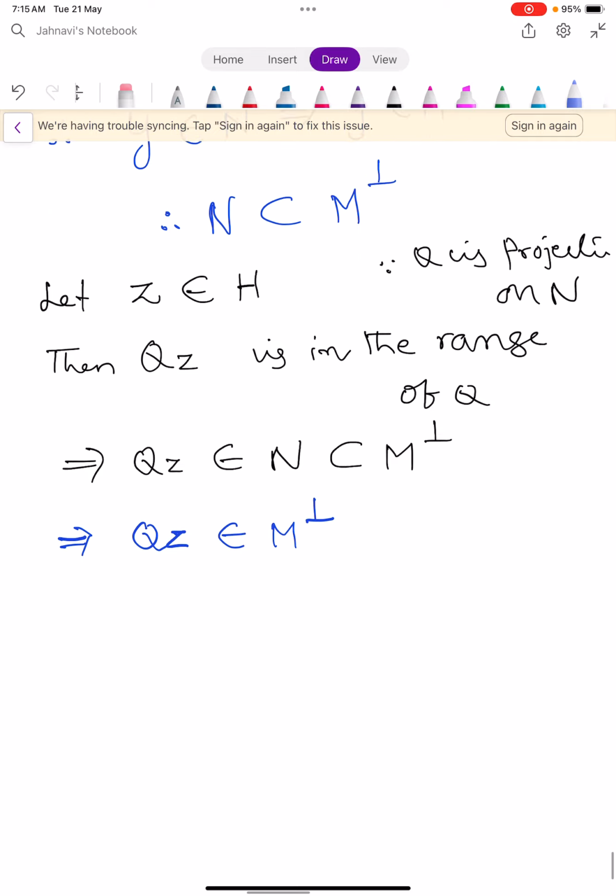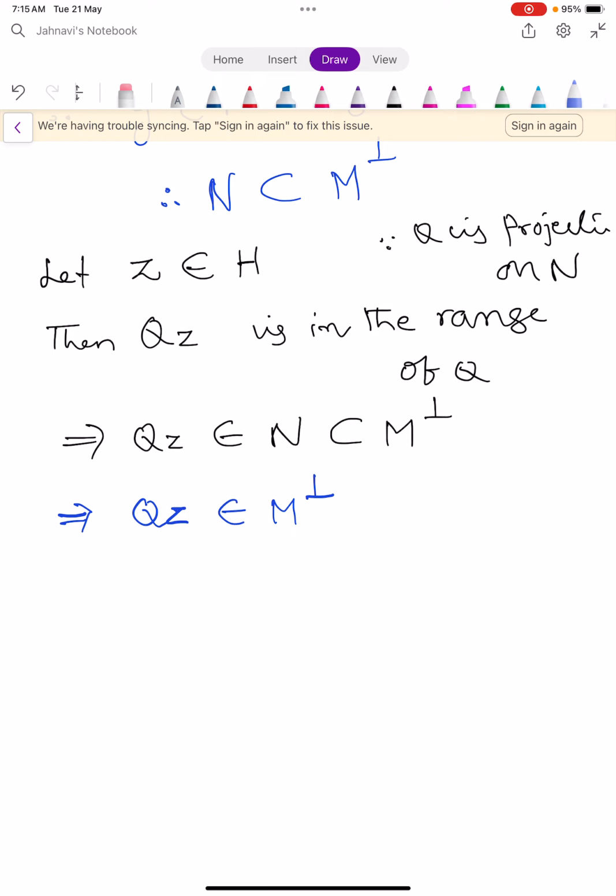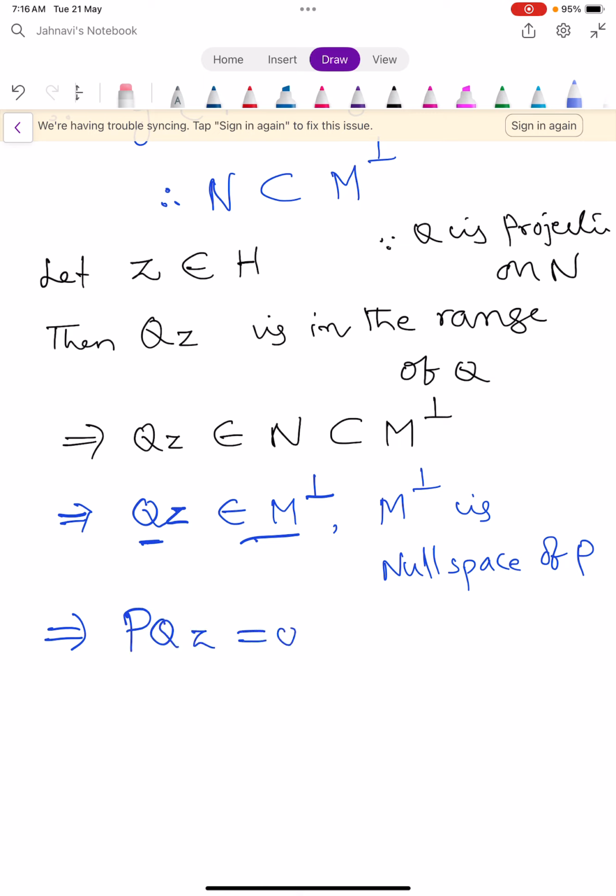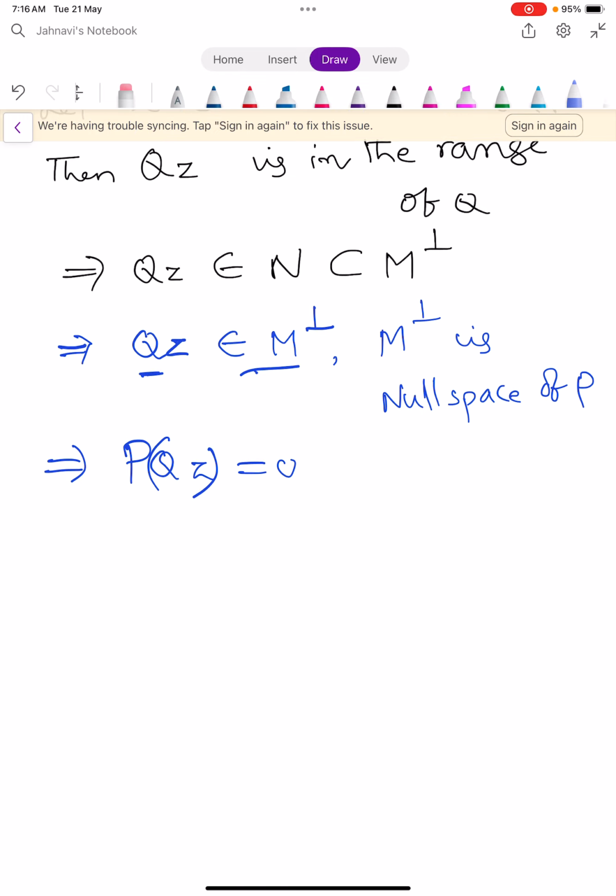If QZ belongs to M perpendicular, and it is very clear that M perpendicular is the null space of P, then P of QZ is equal to 0.